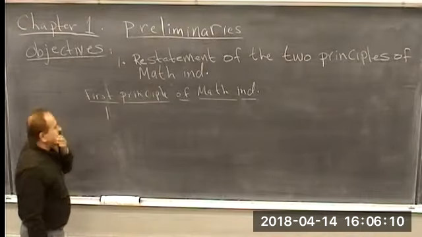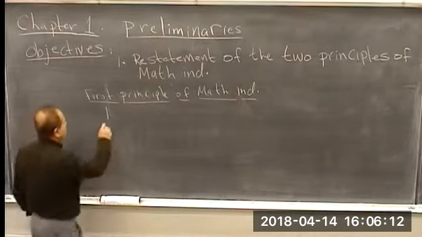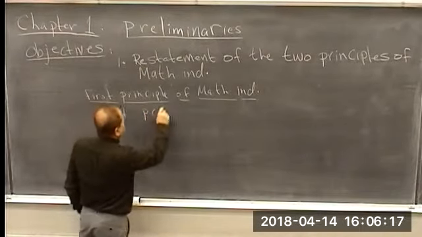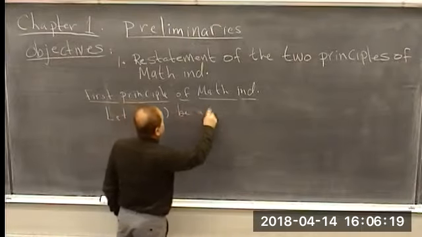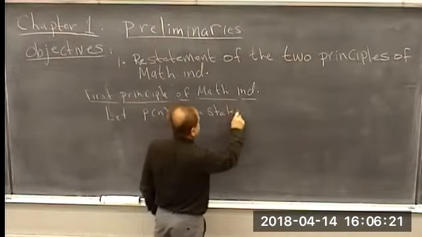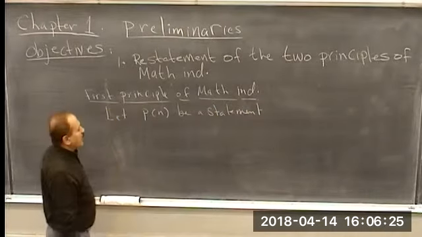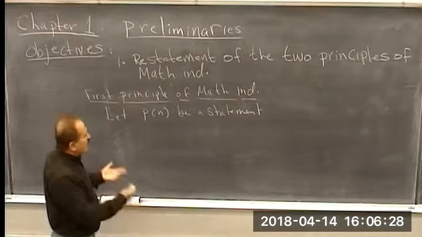So in here we're going to do it slightly different. So we're going to let P of n be a statement such as some equality, some identity, some inequality, and so on.